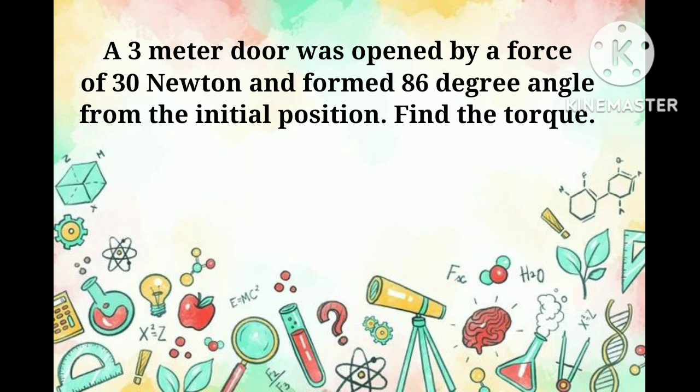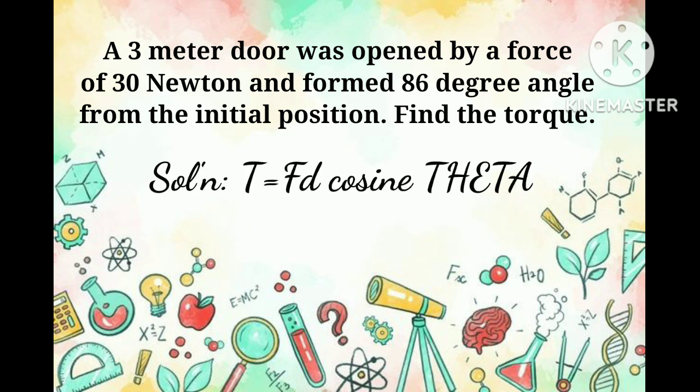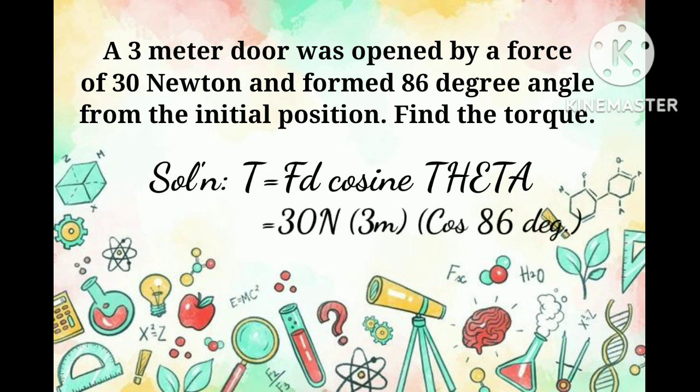And finally, let's write the solution. As I previously stated, the force in the given problem is 30 Newton, the distance is 3 meters, and the angle is 86 degrees.